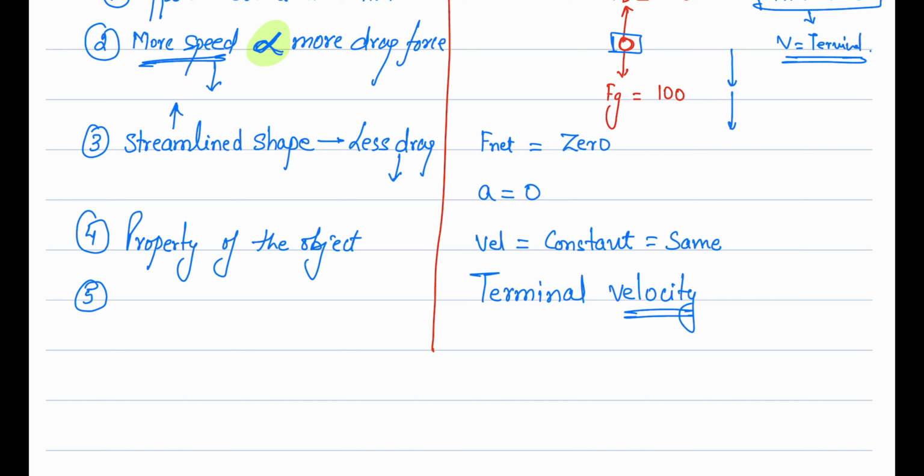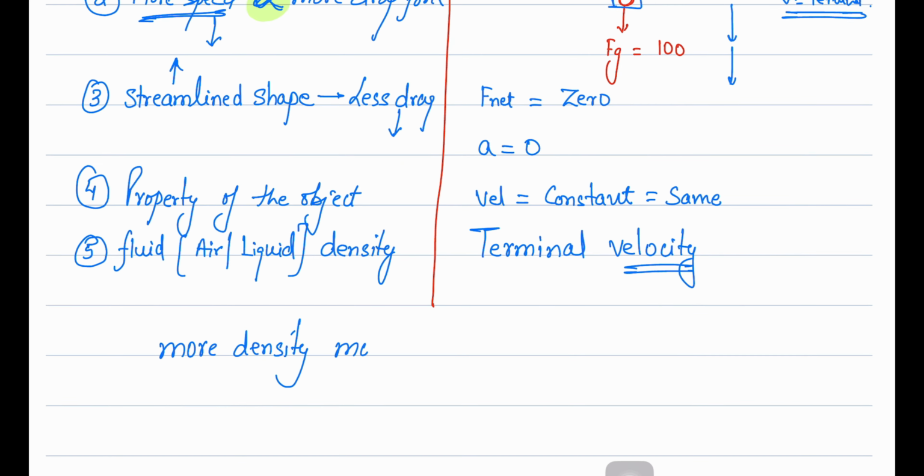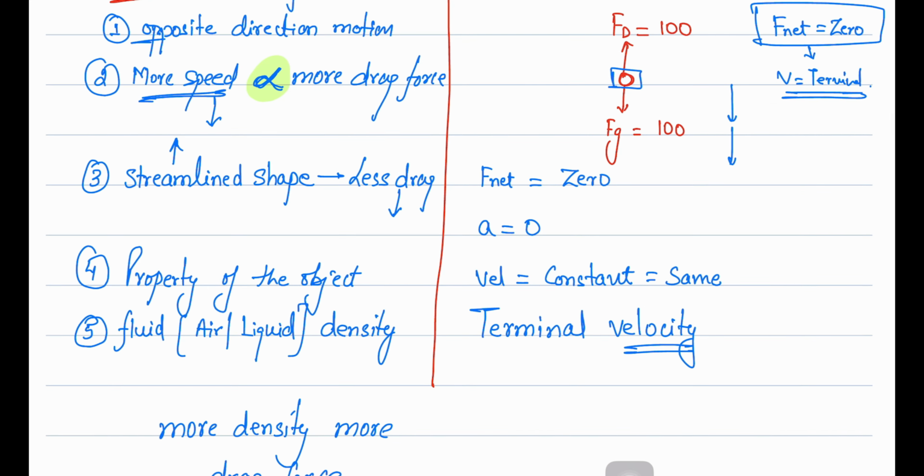Fifth is the fluid density. Fluid means air or liquid. Density, what does it mean? More density, more drag force. Do you understand?